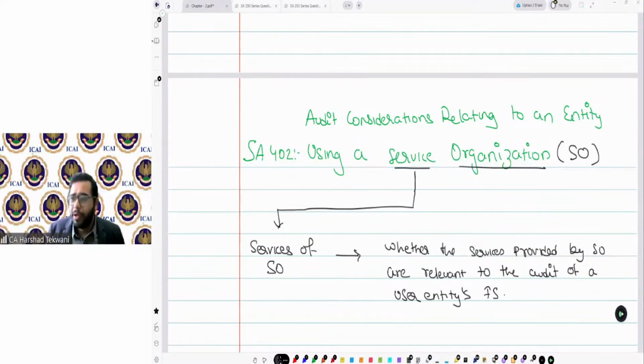Now the question is, how will I identify whether a service provided by service organizations is relevant to the audit of a user entity's financial statement? How will I identify this? Come on, guys.